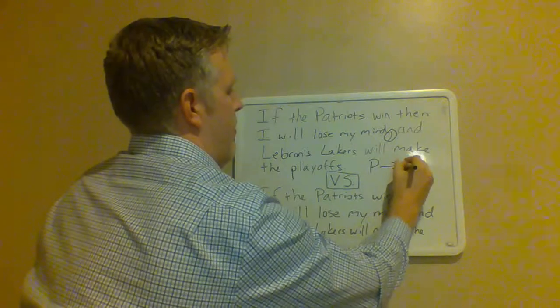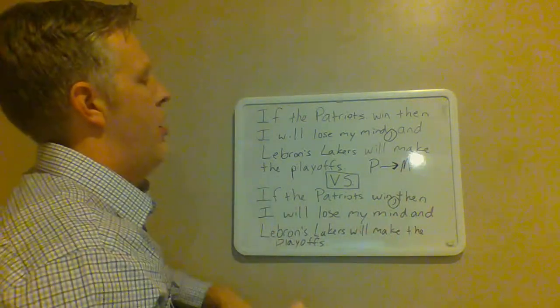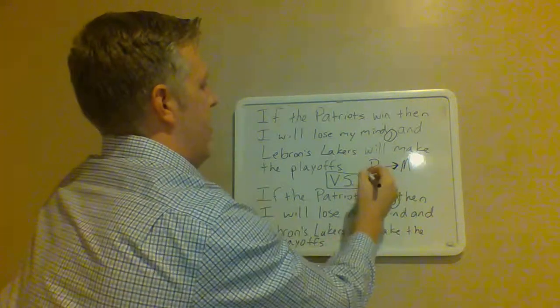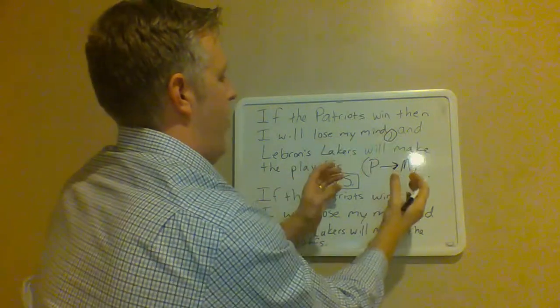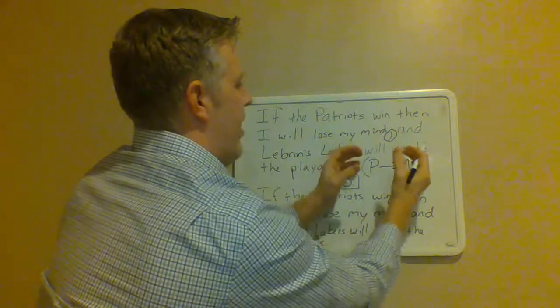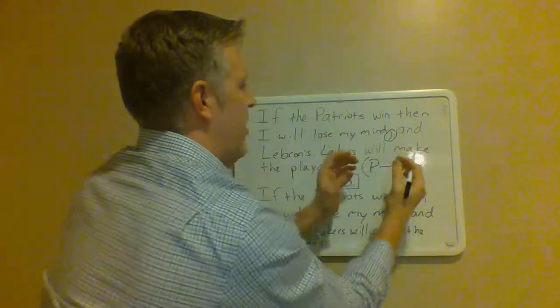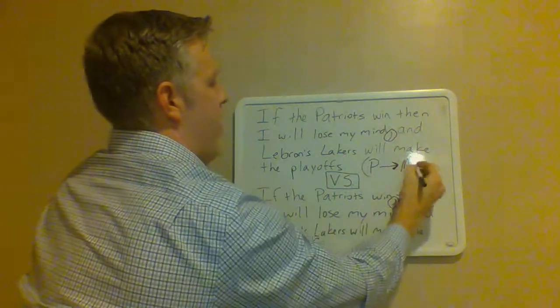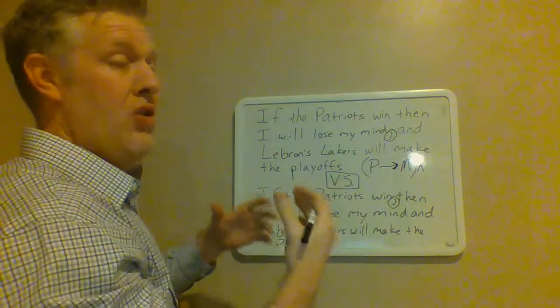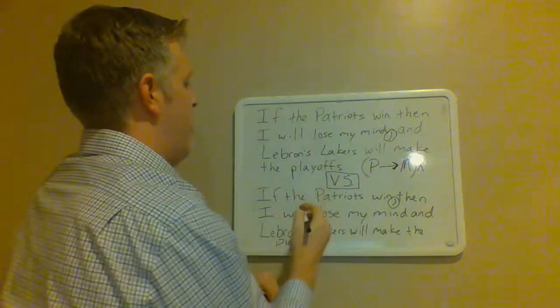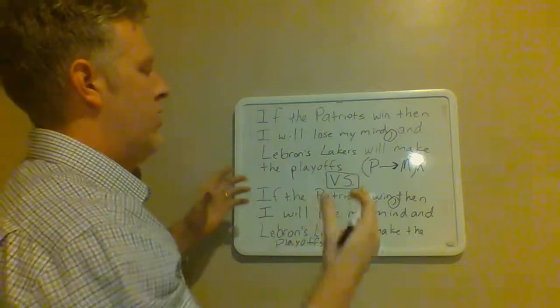Let's say M for my mind. I'm going to lose my mind, okay? So that's all taken together, and we're going to use parentheses to indicate that this is supposed to be taken together. And then we have, after that, something that's distinct, and, so it sounds like a conjunction overall. LeBron's Lakers will make the playoffs. So that's one claim.